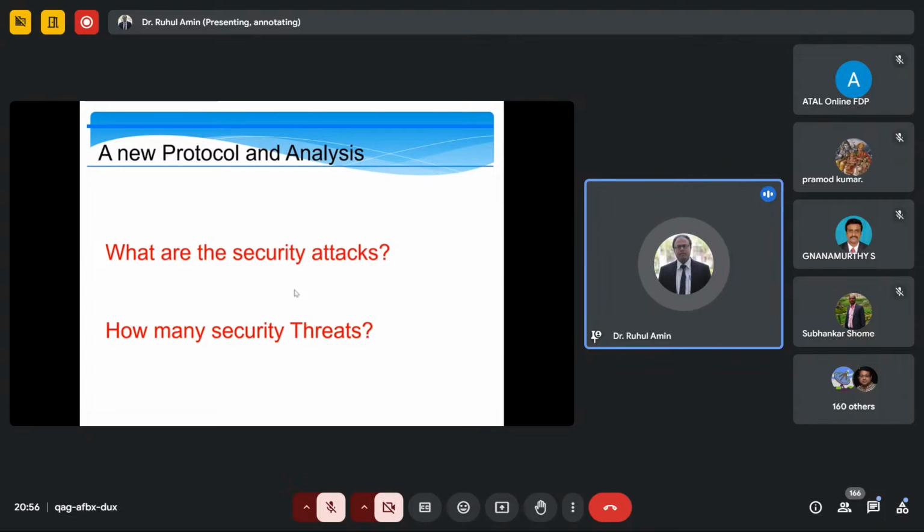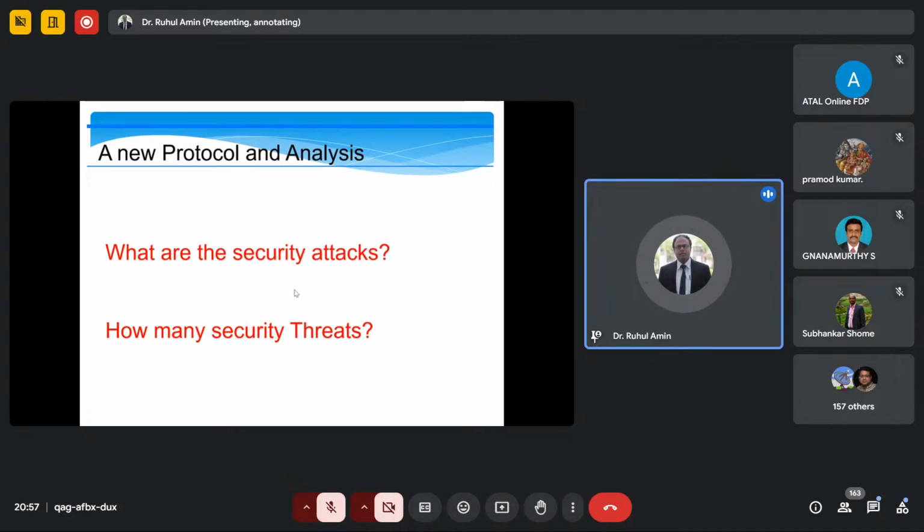So if you want to design a particular protocol for that particular network model, the first important thing is to analyze how many security threats are there and what the security threats are. First you have to list them down, and then one by one during the designing time, you have to protect against all of them.